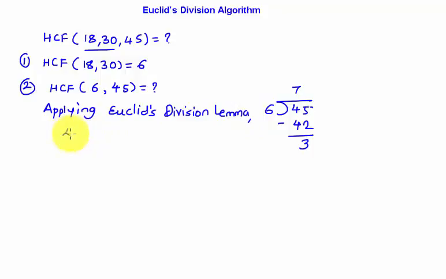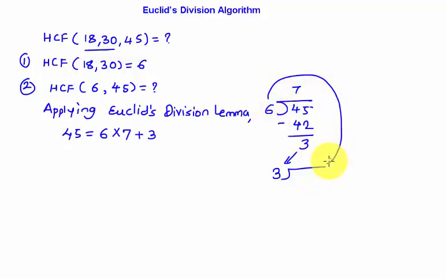The dividend, which is 45, is equal to the divisor, which is 6, into the quotient 7 plus the remainder 3. Now as the remainder is not 0, this will become our new divisor, and the divisor of the previous step will become our new dividend.